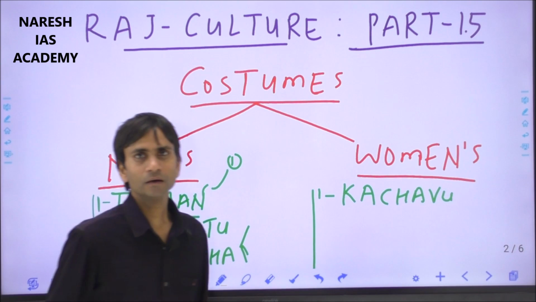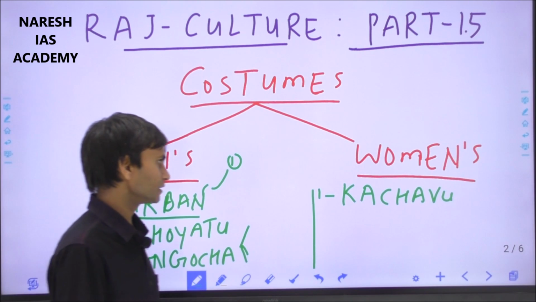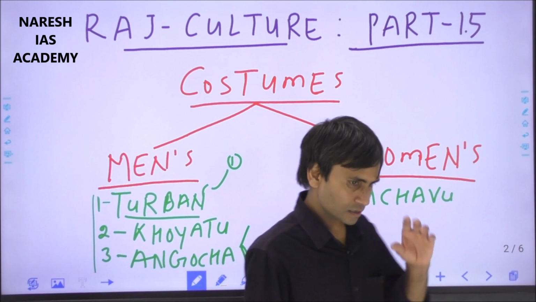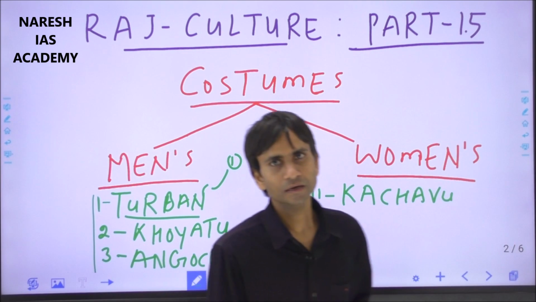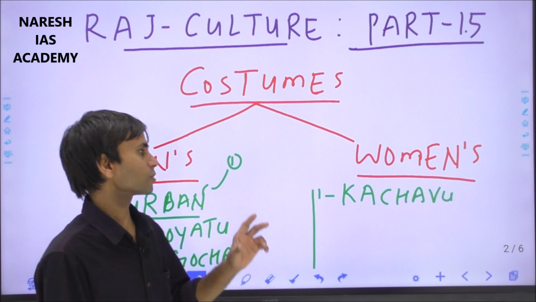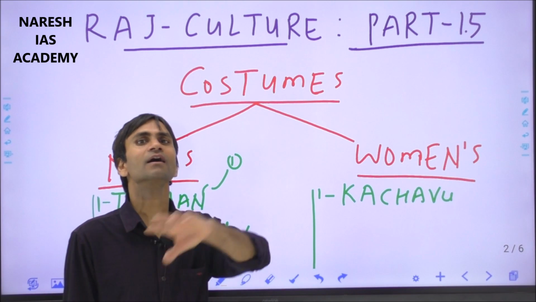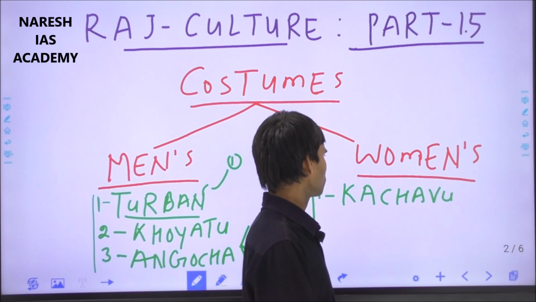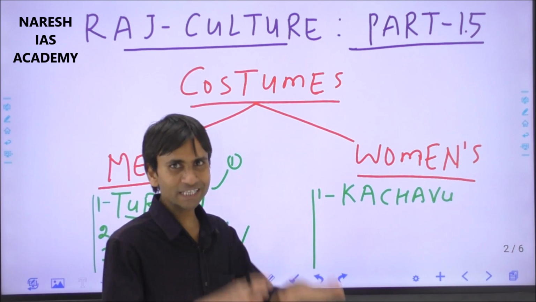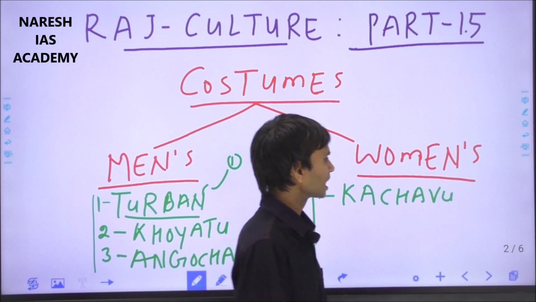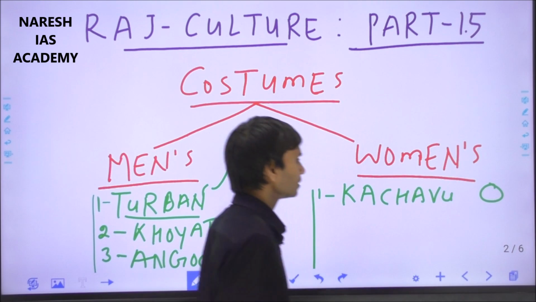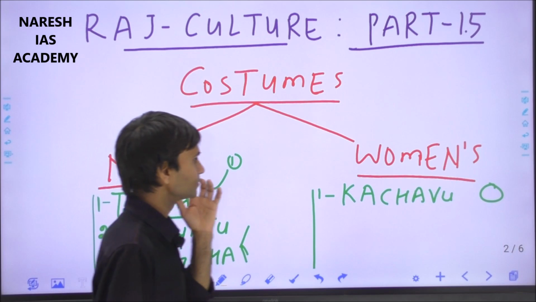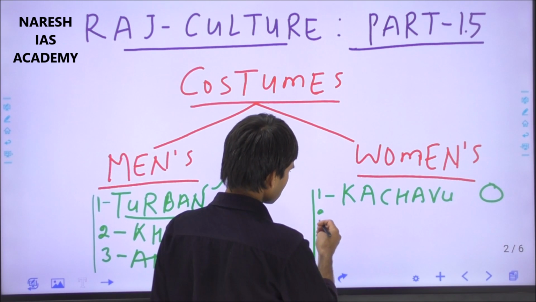Kachabu is worn by tribal women, and it is a kind of cloth just like a ghagra, worn below the waist. Sometimes it is compared with the ghagra and liked by tribal women.